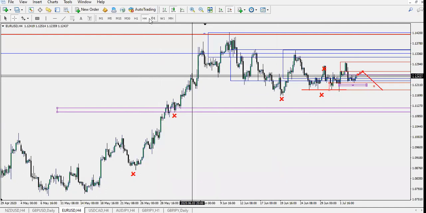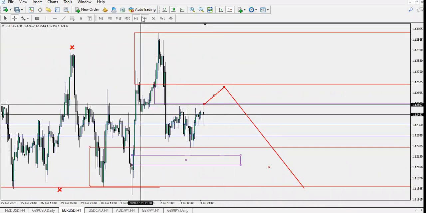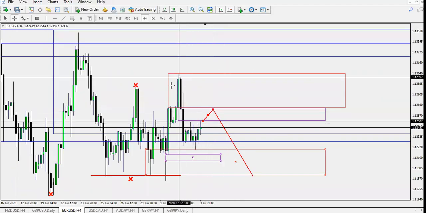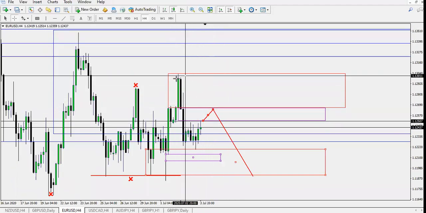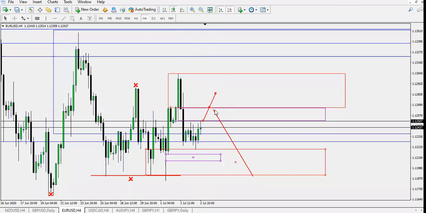So for EU, I want to see price go up into the 4 hour fair value gap that we spotted over here, and then potentially look for a sell inside of either this order block. Maybe it pushes up to the 50% of this order block.